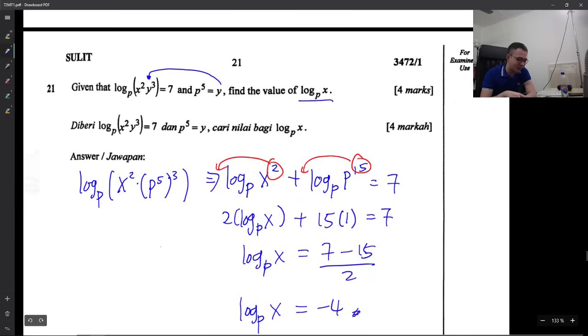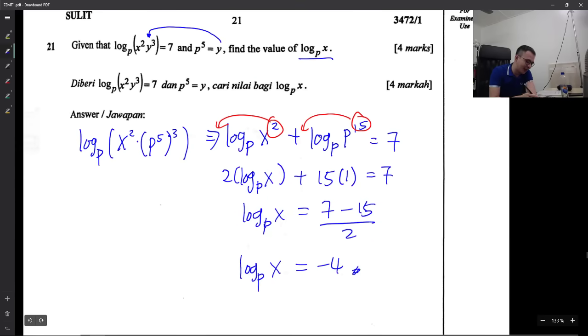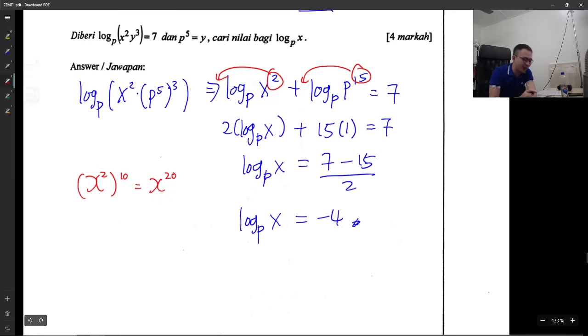Okay, if some students do not understand about this part: if I have x squared power of 10, this will equal x to the power of 20. You can actually multiply it. Let me give you some idea. Let's say 2 squared power of 3.